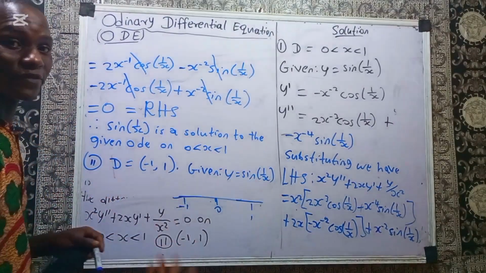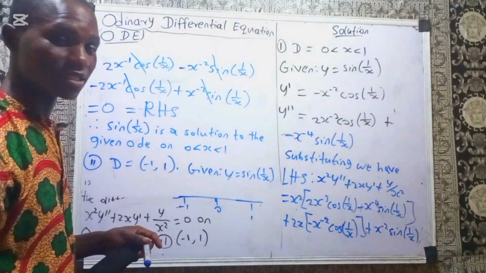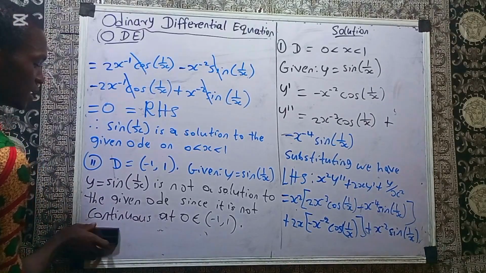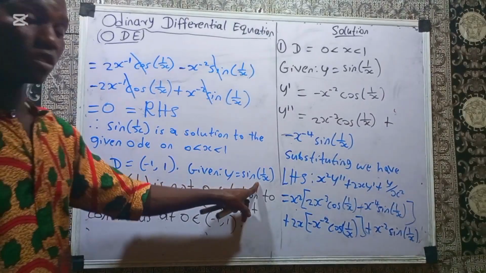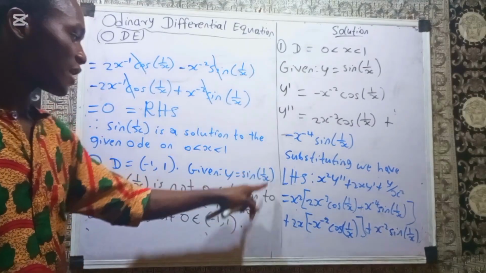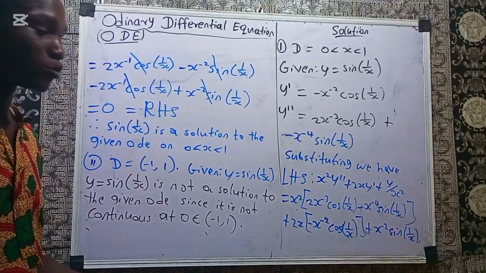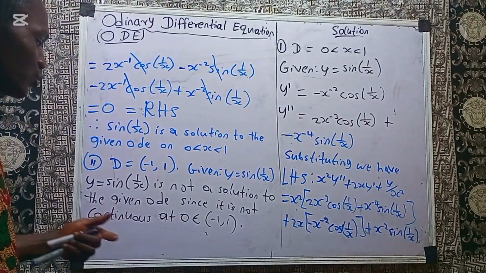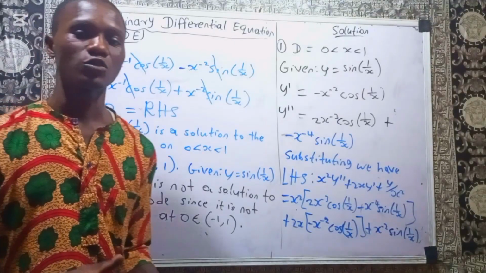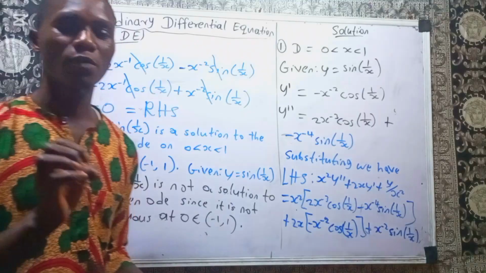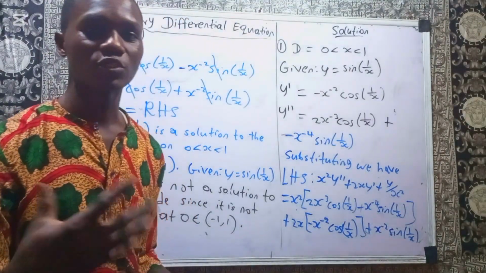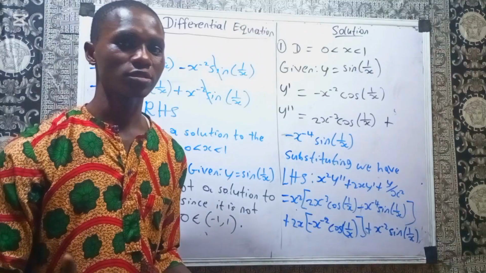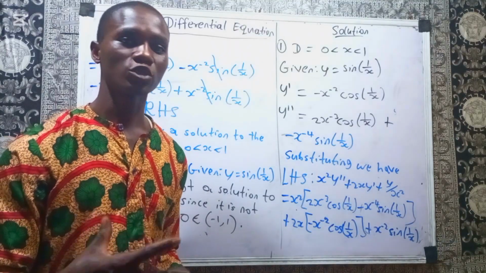So you'll be having sine infinity, which is undefined, right? So this function sine 1 over x will not be a solution to that given ODE on this domain. So for a function being a solution to a given ODE, you have to consider the domain in which the function is defined.